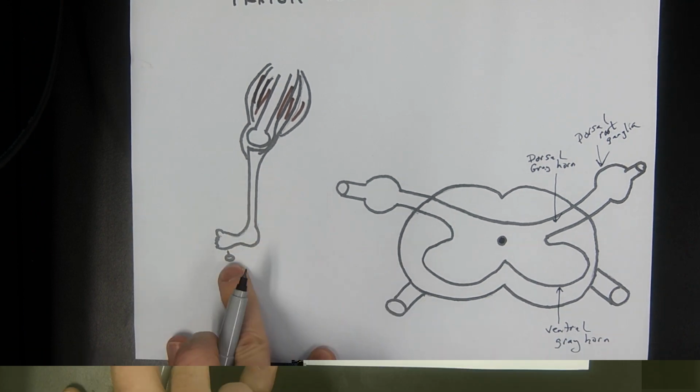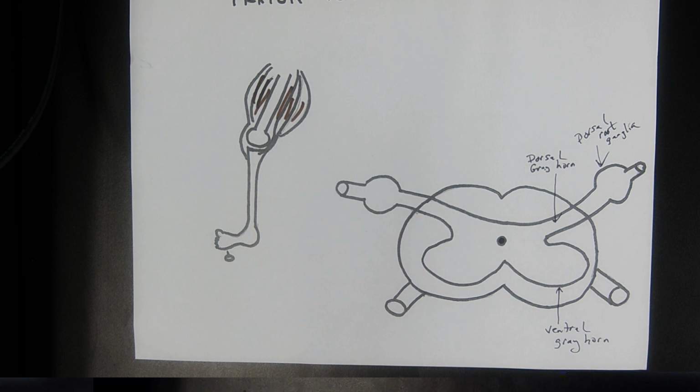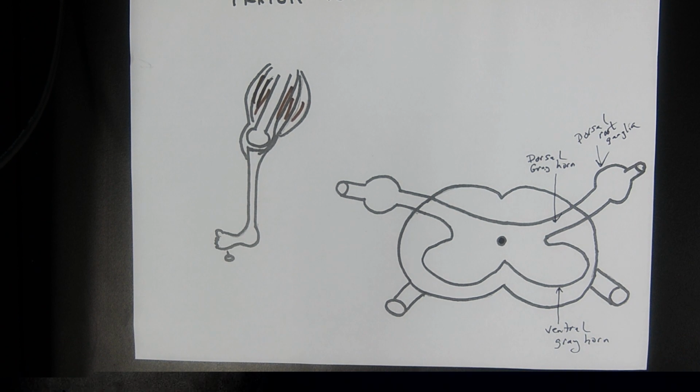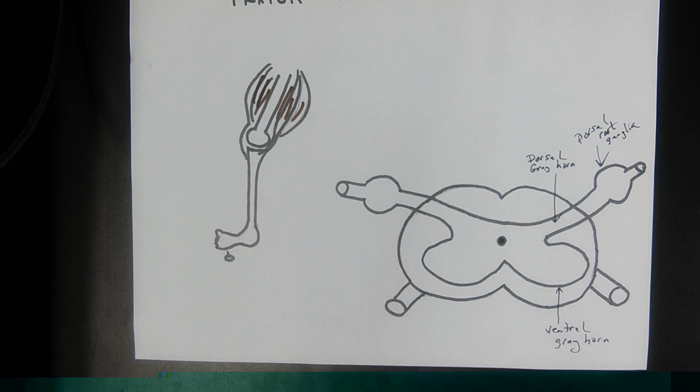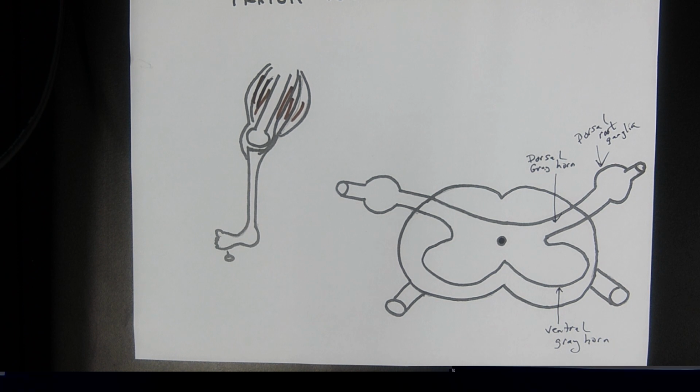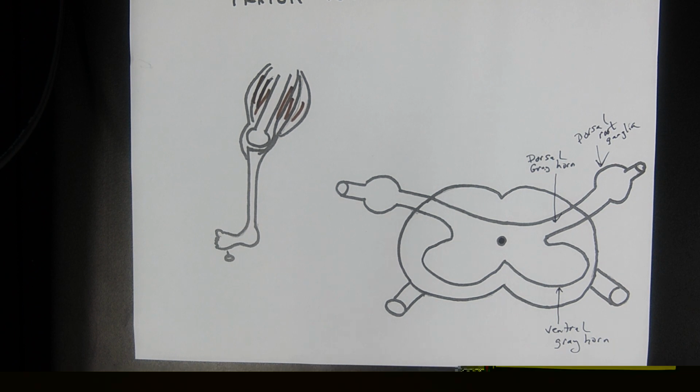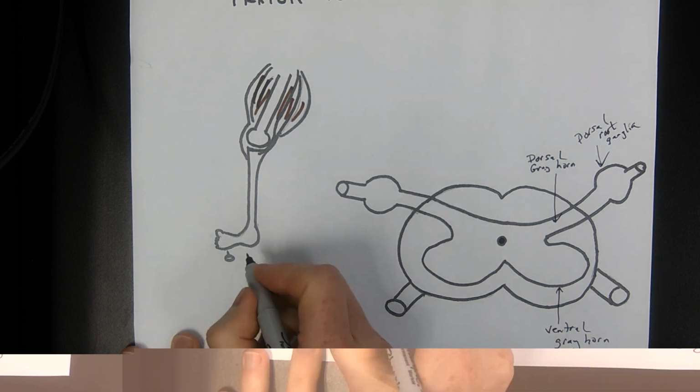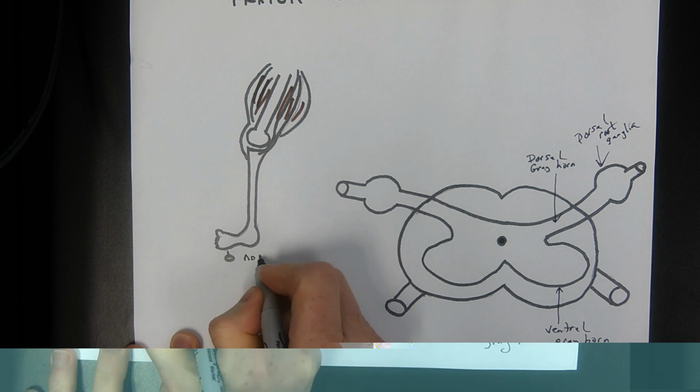Now, this is a person's leg, and they're stepping on a tack. What kind of sensation do you think the tack is going to pick up? Yeah, there's a special kind of receptor called a nociceptor.